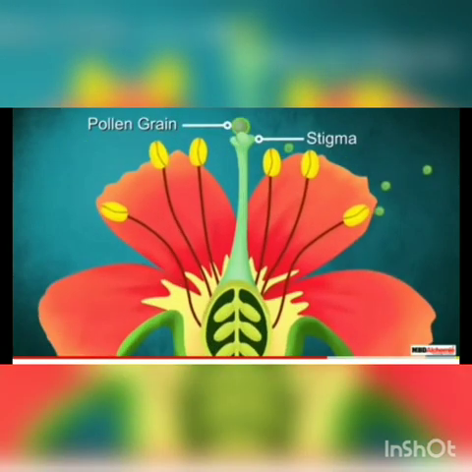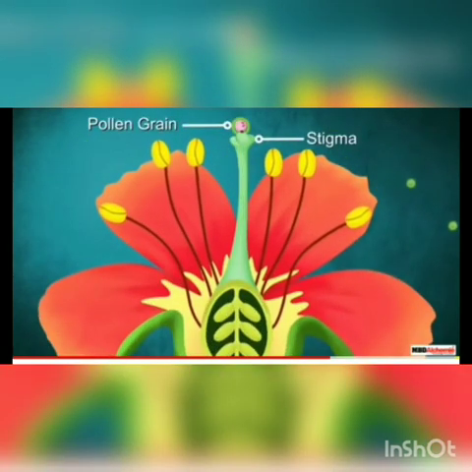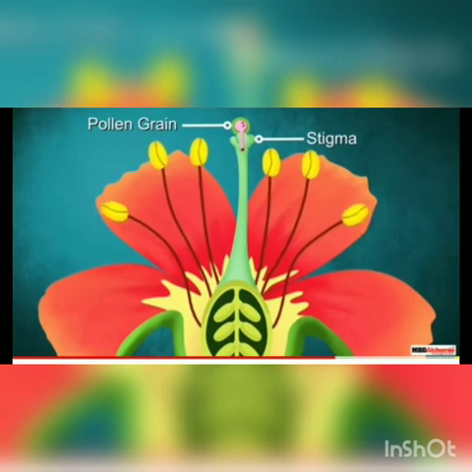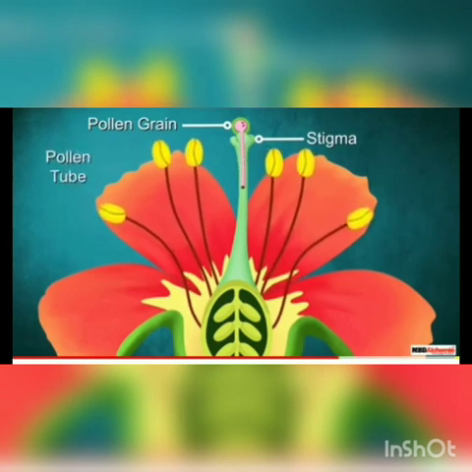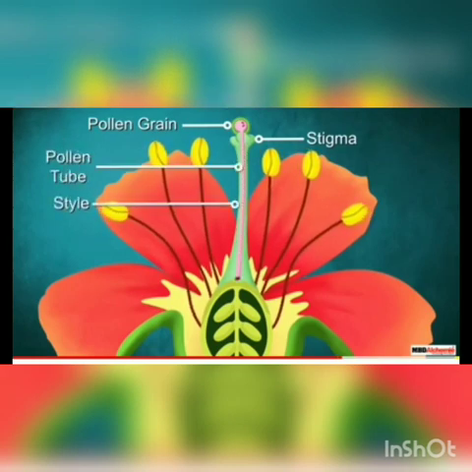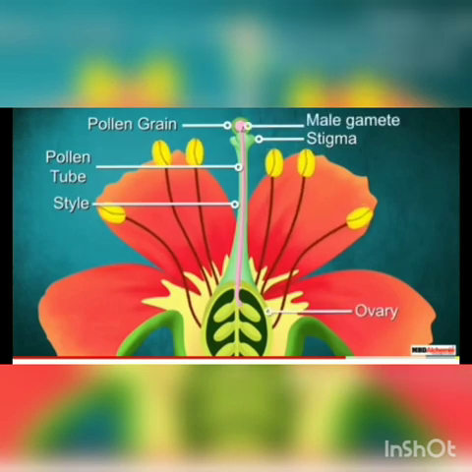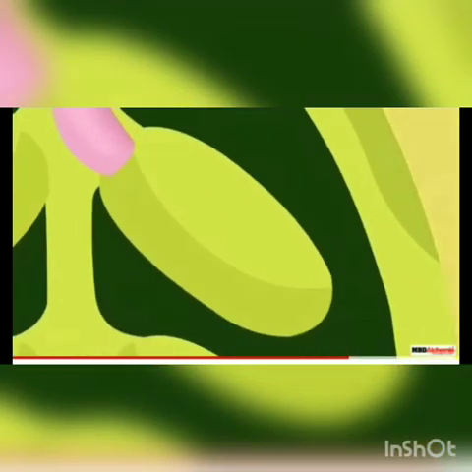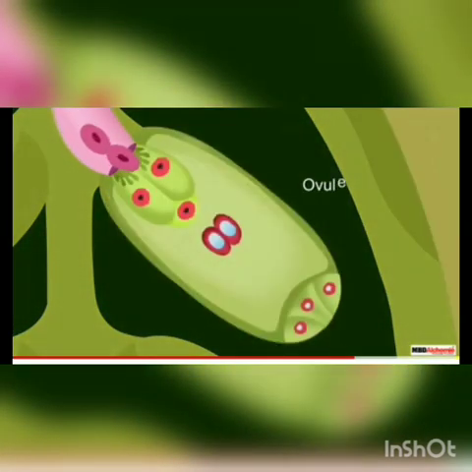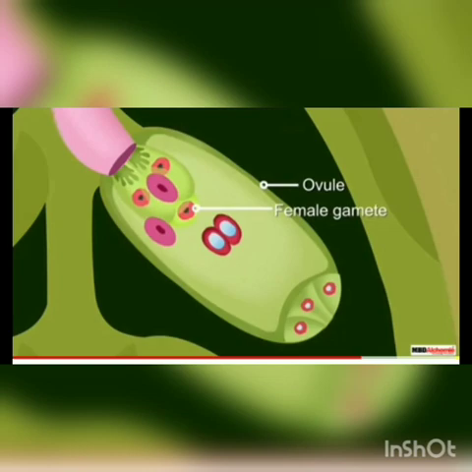So the pollen grain goes into the stigma, then the tube-like pollen tube, can you see, then the style, and in the ovary the male gamete fuses with the female gamete. Can you see the female gamete?